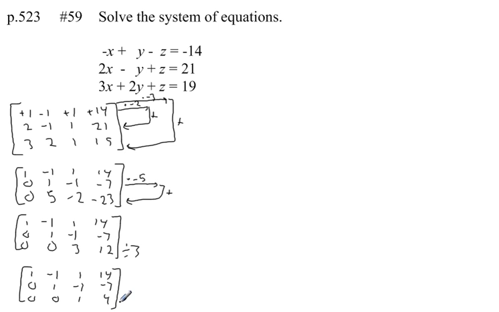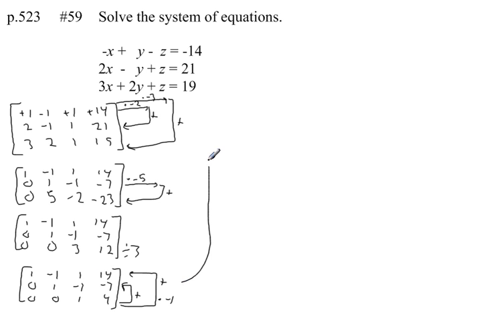Well, let's take two steps at once. First of all, if I add that bottom row to the middle row, I'll get a 0 in this spot. Likewise, if I take that bottom row times negative 1 and then add it to the top row, I'll get a 0 in this spot here. So let's take care of that.